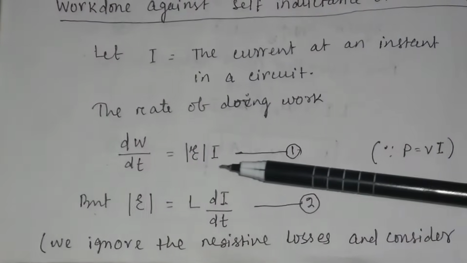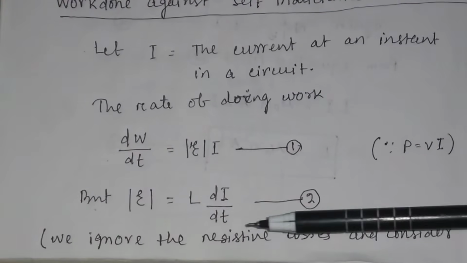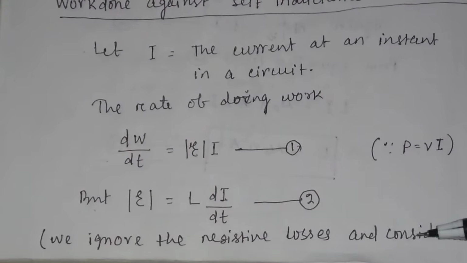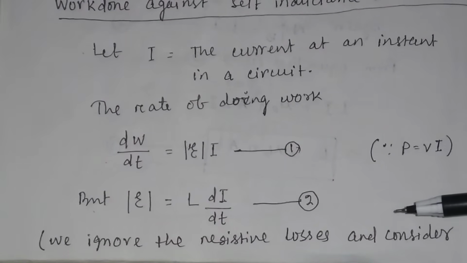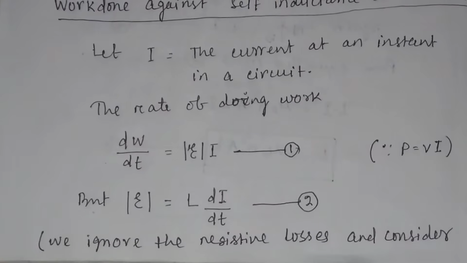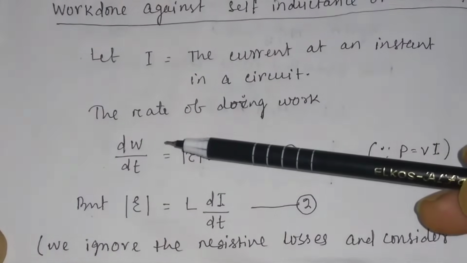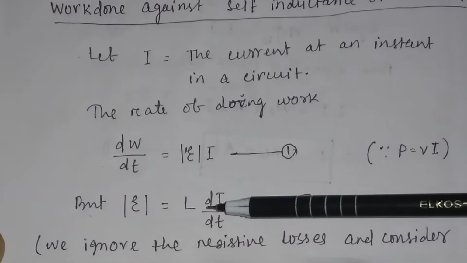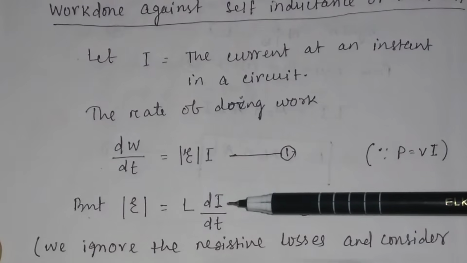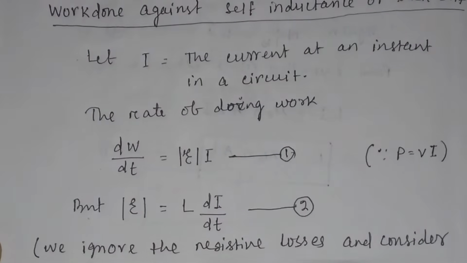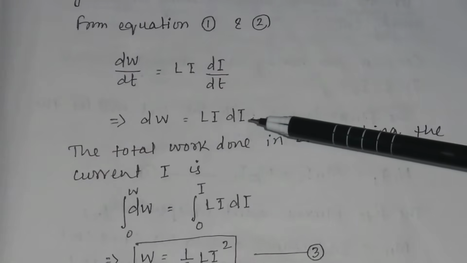But the magnitude of the EMF is equal to L dI/dt, if we ignore the resistive losses and consider only the inductive effect. So from equations 1 and 2 we get dW/dt equal to L I dI/dt. So dW will be equal to L I dI.